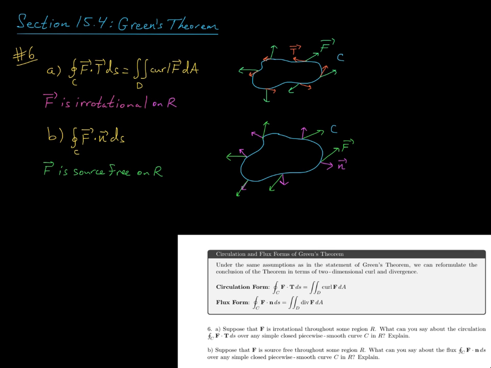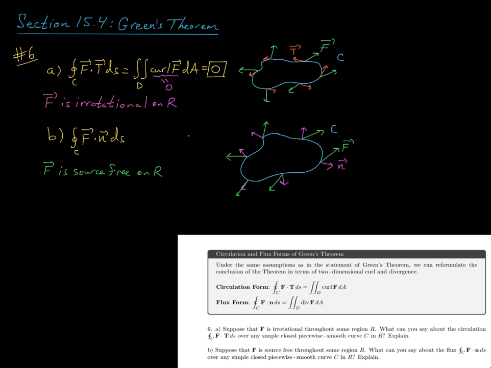And if we're irrotational, then by definition that says that the curl is equal to 0 at every point throughout this region R. So in particular, it'll be 0 at every point on the interior of our path C. So that tells us then that the circulation of our field over this path will be 0.